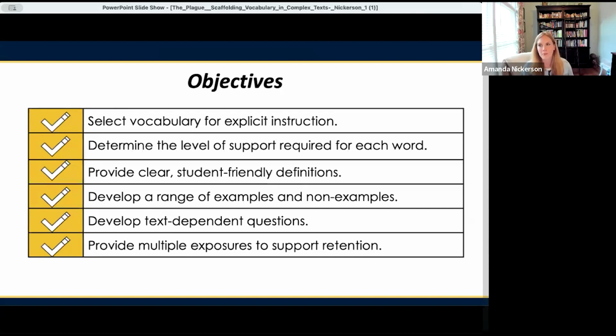So we're going to spend the remainder of this time together selecting vocabulary for explicit instruction, determining the level of support required for different words, having some conversation around that, talking about providing clear student-friendly definitions, developing a range of examples and non-examples, having a little bit of time to talk about text-dependent questions, and then providing multiple exposures to support retention, talking about what we do after that to really deepen understanding.